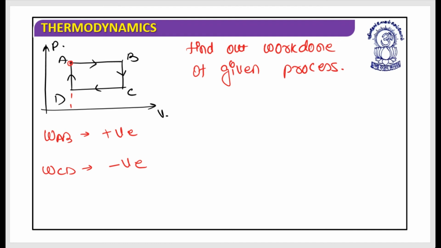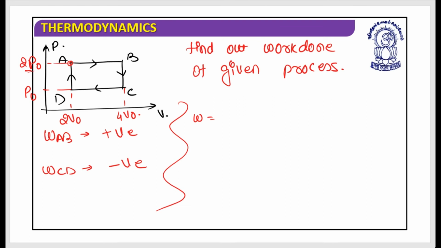To find out the work done, let's call this 2V naught, this 4V naught, this P naught, and this 2P naught. So work done can be written as the area of this rectangle, which is the multiplication of two sides.